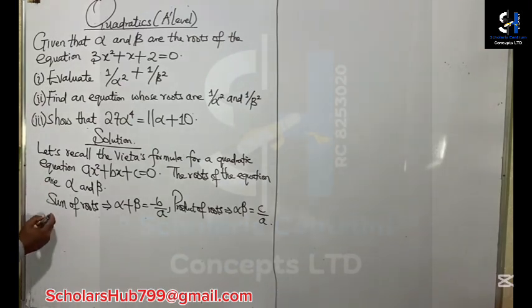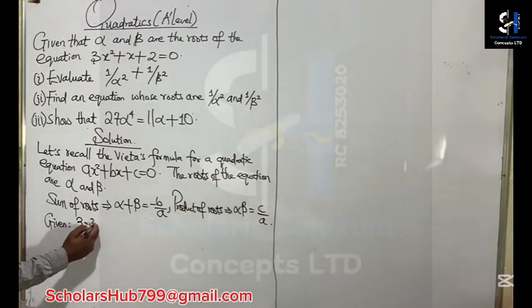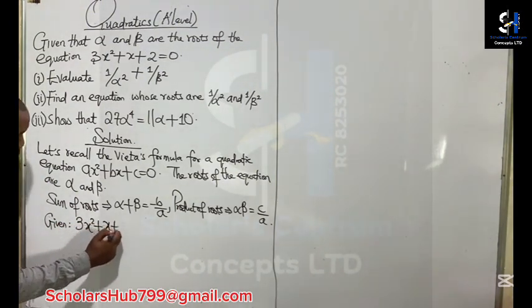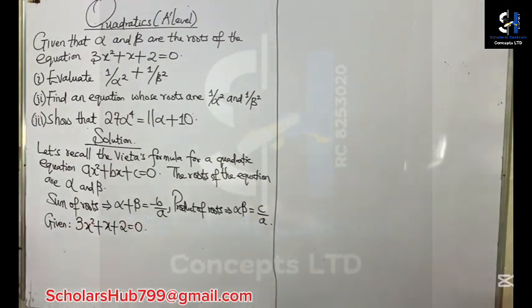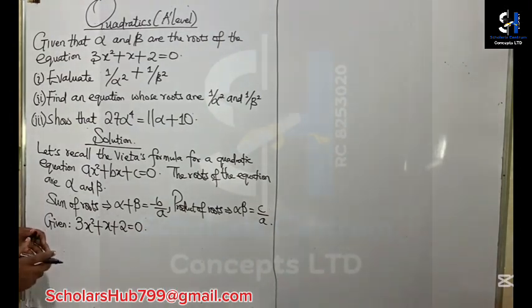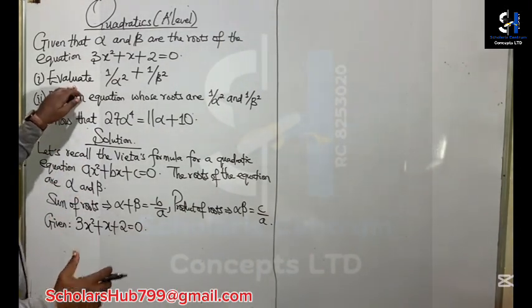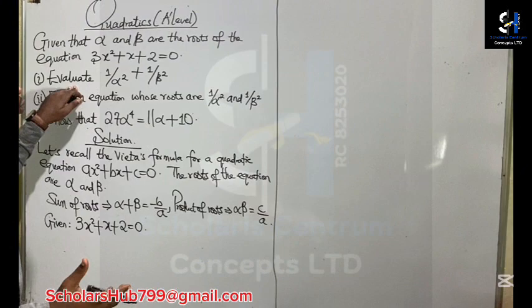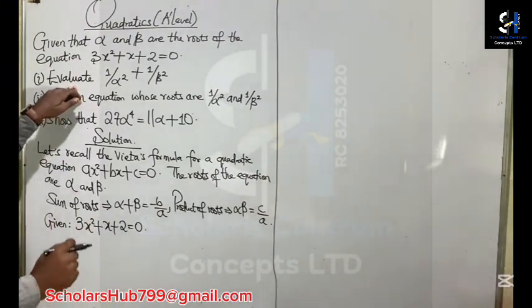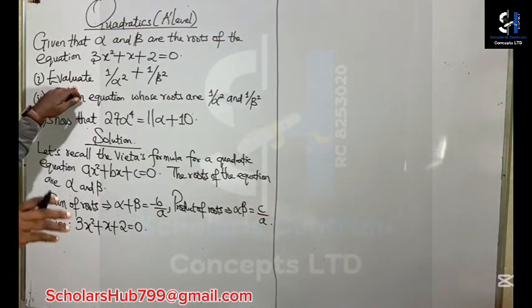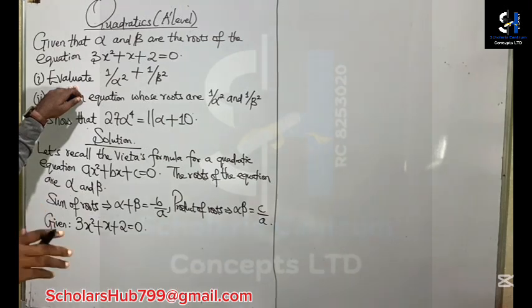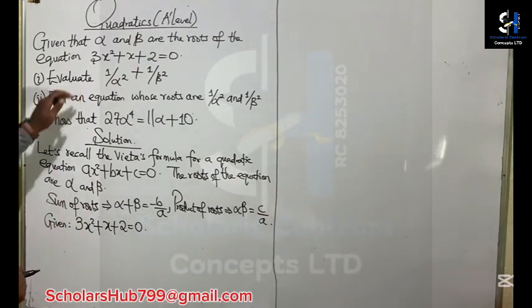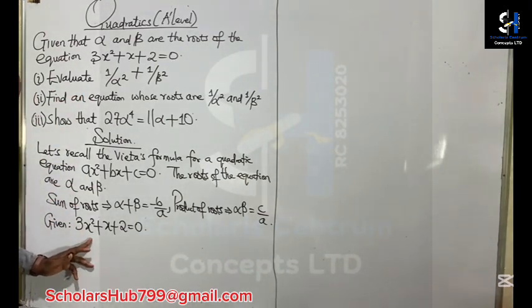We are given 3x squared plus x plus 2 equals 0. The first question is to evaluate 1 over alpha squared plus 1 over beta squared. But first it is important to find the sum of roots for the given equation, and also the product of roots.